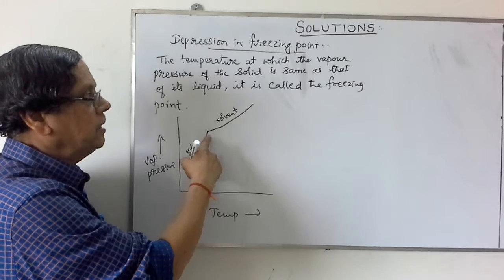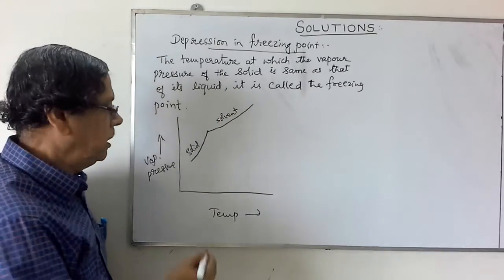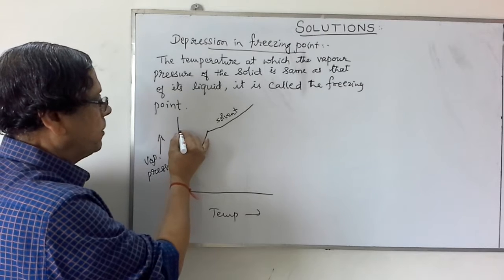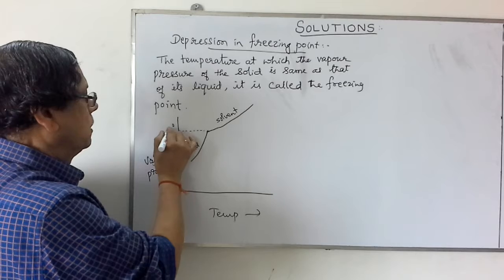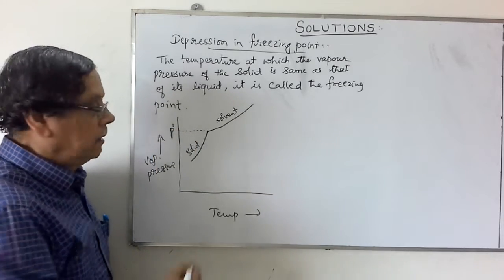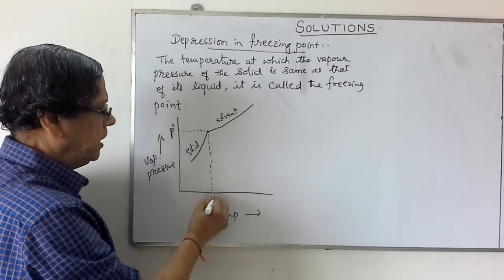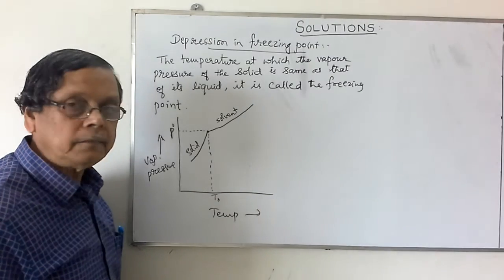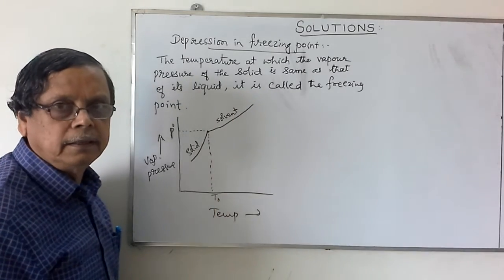That vapor pressure is indicated by this P0. The corresponding temperature is T0. This T0 is actually the freezing point of the pure solvent.